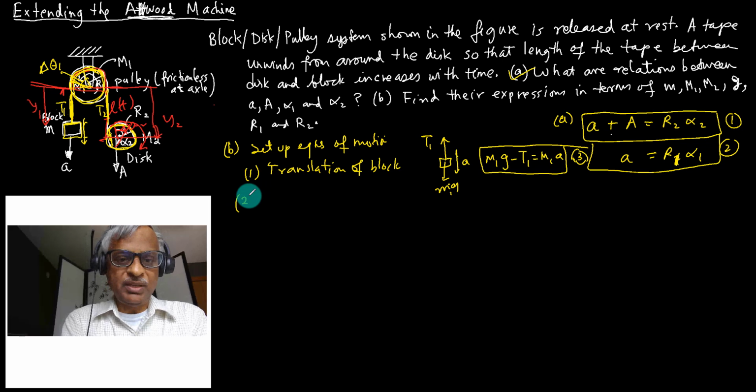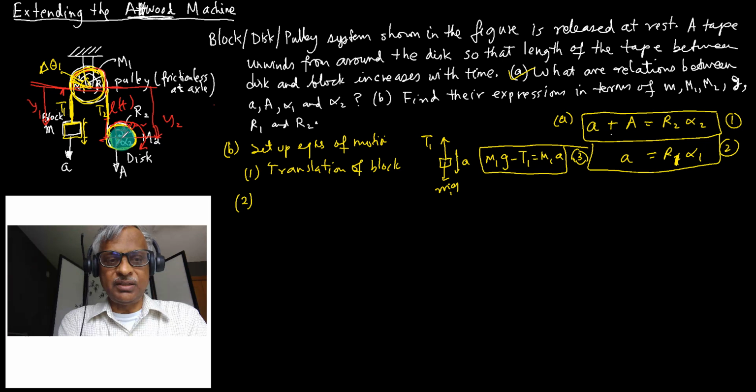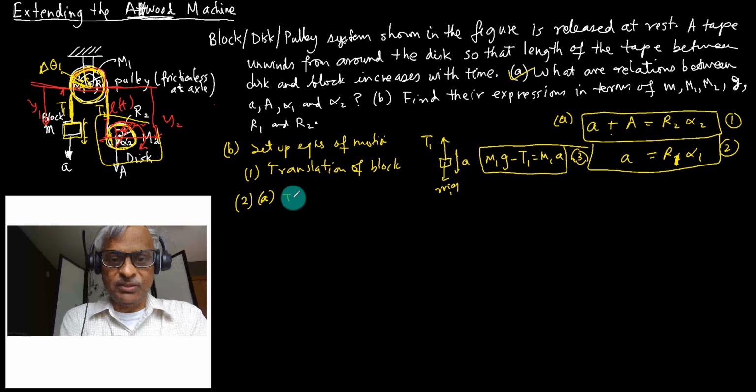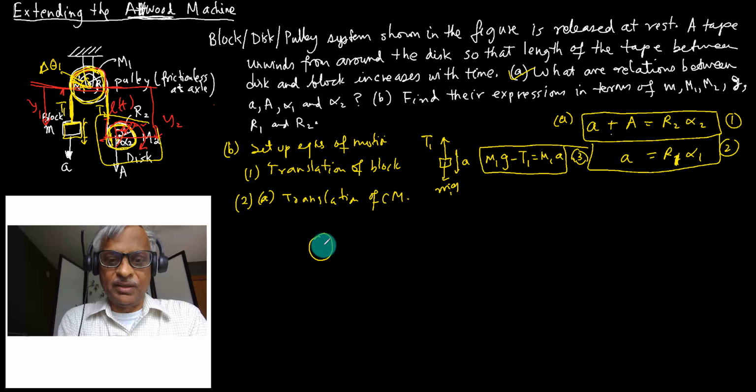Another equation will be the translation of the center of mass of this thing. For this we'll have a translation and a rotation problem. So translation of center of mass. Let's look at the forces.